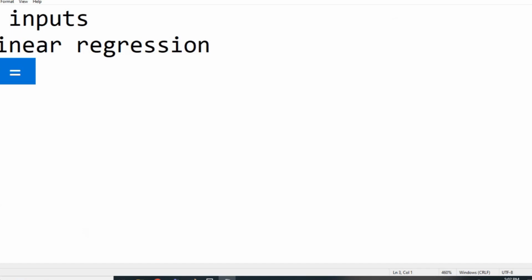The general line equation is y equal to ax plus b, right? So now for a case where you have 6 inputs, what is the equation going to look like?